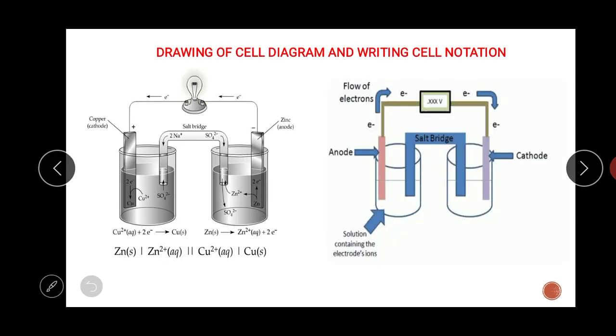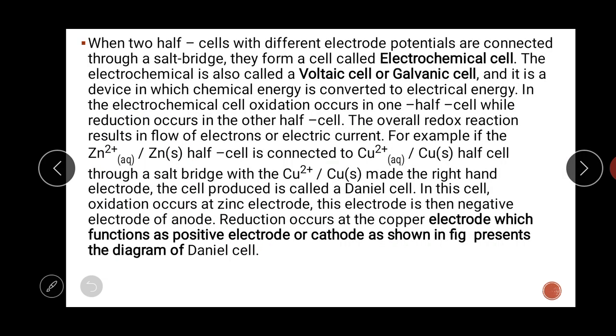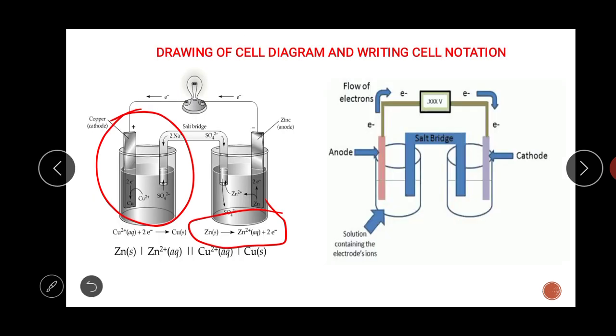Now, this is exactly what we are talking about. If you look at this, oxidation occurs here. You can see the formula here, and reduction occurs here. As I said, oxidation occurs at the zinc electrode, and this is where the oxidation occurs.